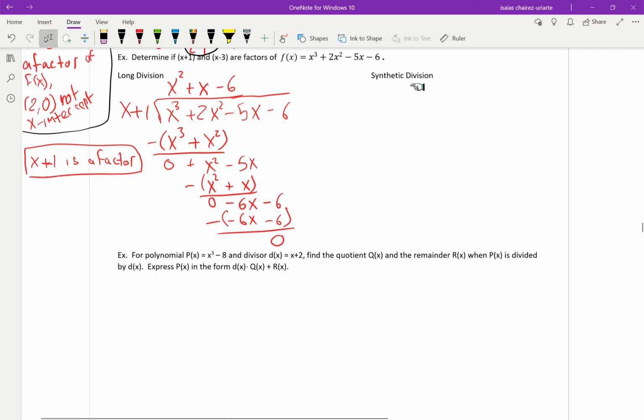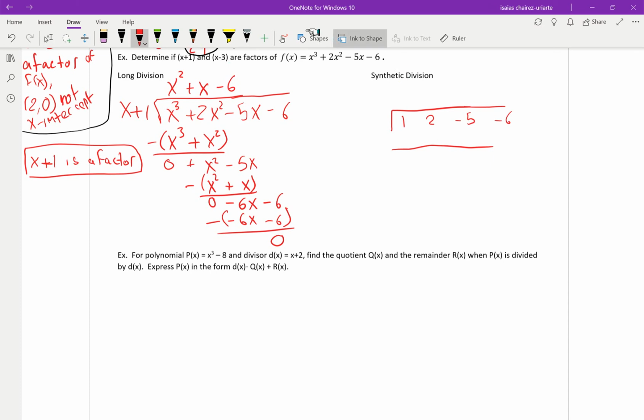So what I'm going to do over here, just to practice synthetic division as well, is set up the synthetic division for x minus 3. It's going to look something like this. Let me write down my dividend first: 1, 2, -5, and -6.